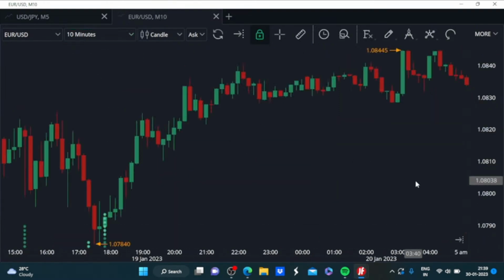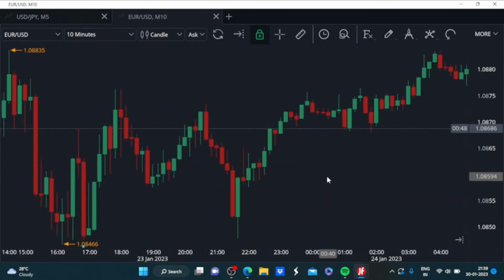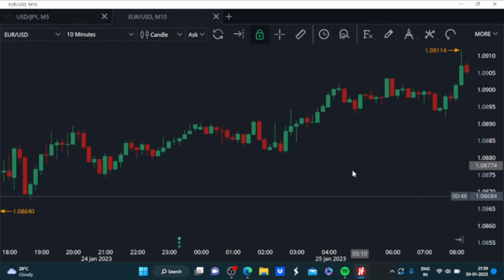So as I increase the number of candlesticks, it has become even rarer.